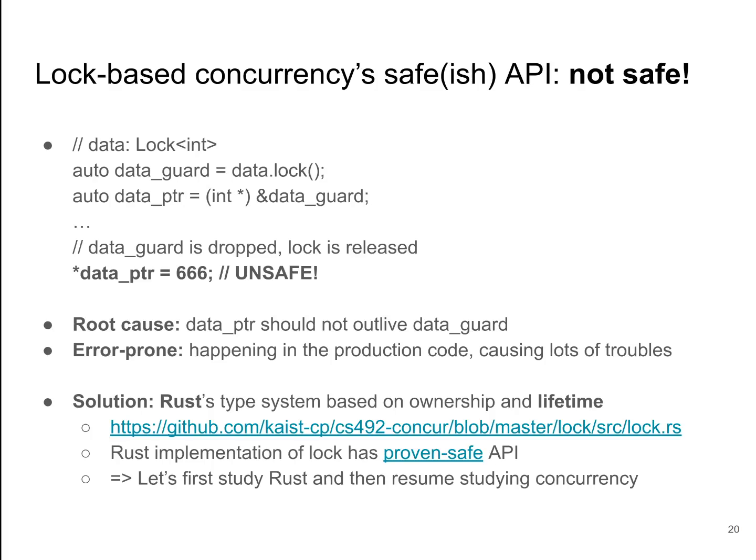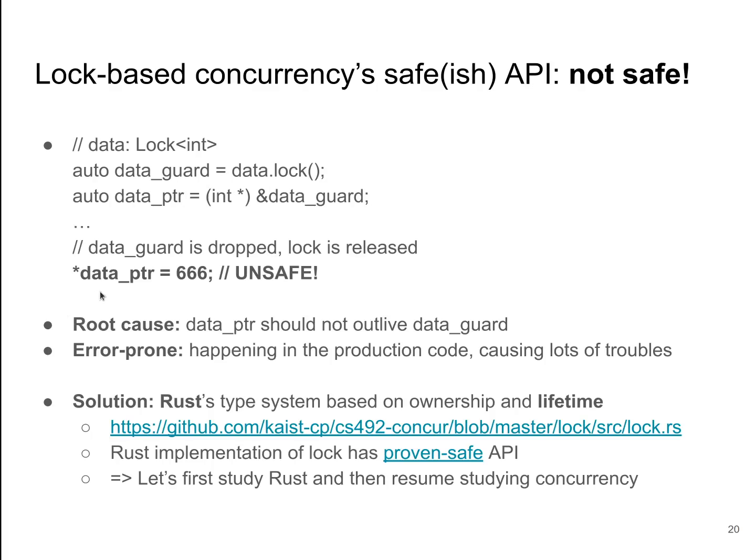So the solution I'm proposing here is using the programming language Rust's type system based on ownership and lifetime. Rust is specifically designed to avoid all such problems. This is basically a lifetime problem.